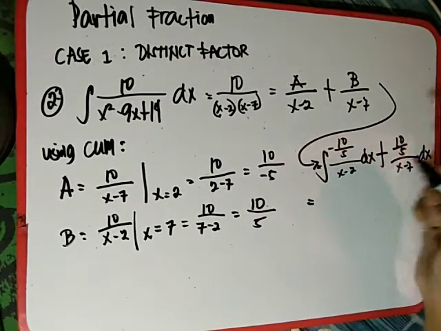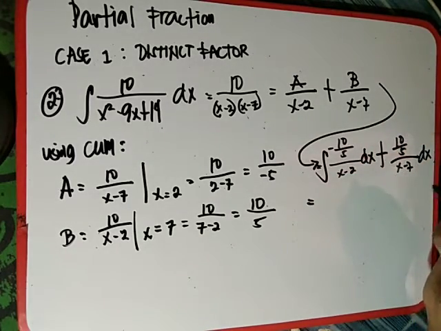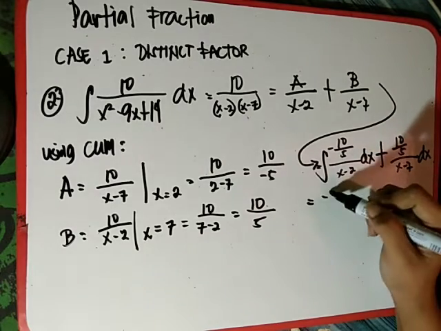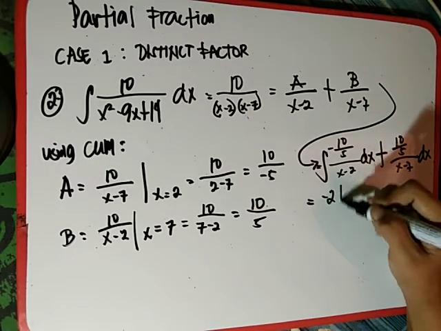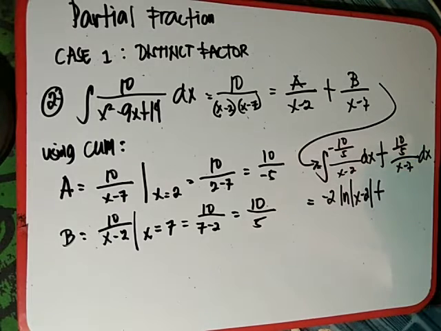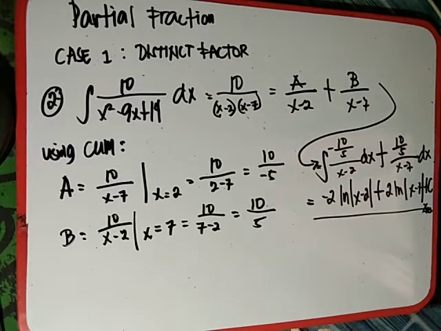So to simplify this, we have negative 2 ln of x minus 2 plus 2 ln of x minus 7 plus c. So this is the final answer for our example number 2.